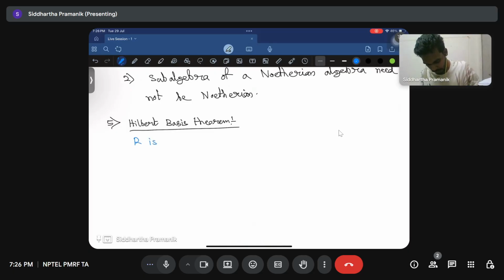It says that if R is a Noetherian ring, then the polynomial ring R[x] in one variable is also Noetherian. So this is the usual statement of the Hilbert basis theorem.